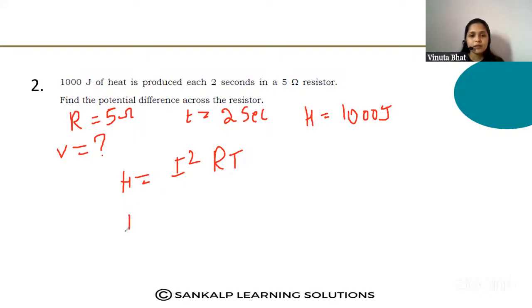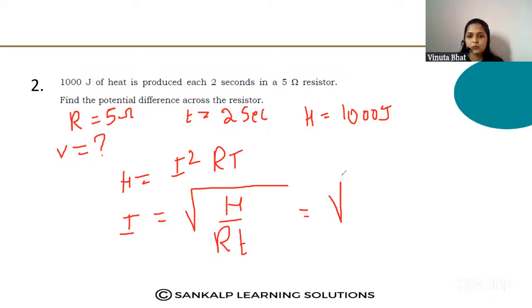So I will change this equation: I is equal to square root of H by RT. Let us assume the values. I is equal to square root of H is 1000 joule divided by R is equal to 5 and T is equal to 2 seconds.